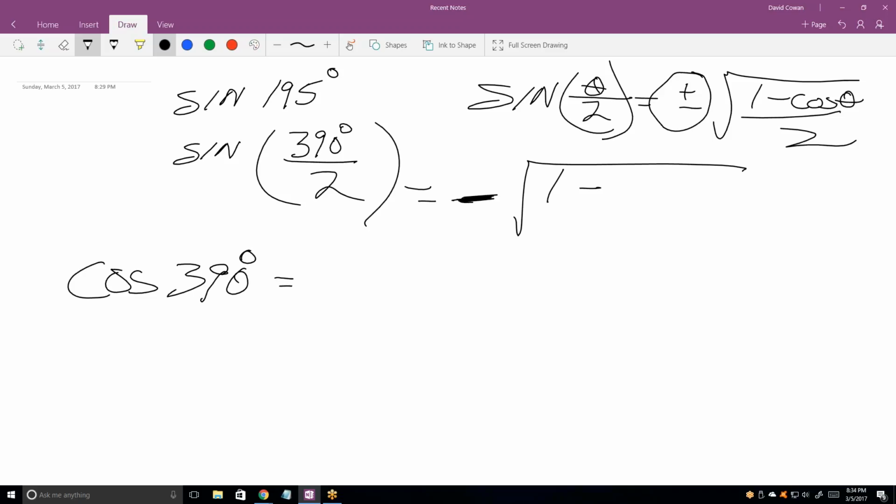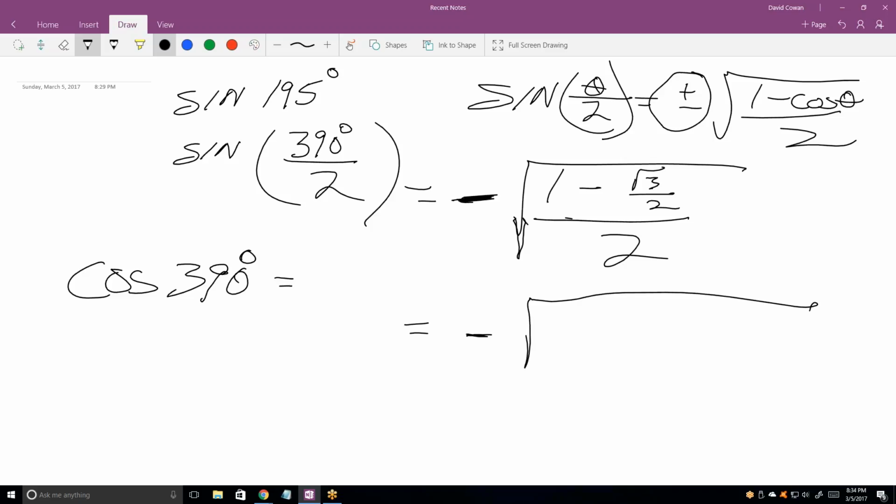Root 3 over 2. Always divided by 2, and this is very common algebra that you're going to have to do always, because it's always 1 minus, and the cosine of the angle is usually a fraction, and then you're dividing it all by 2. So what's this algebra work out to be?